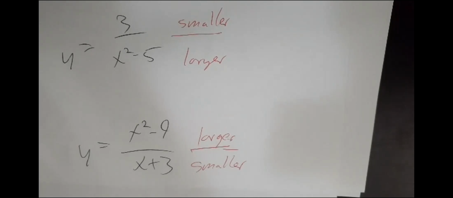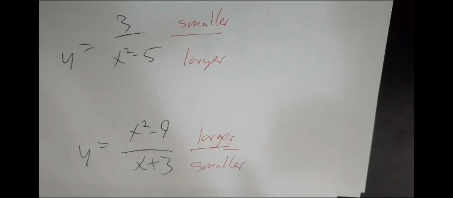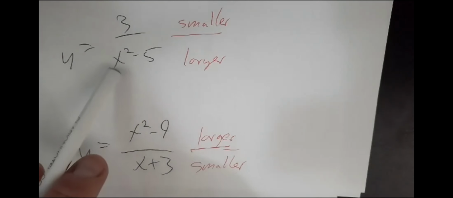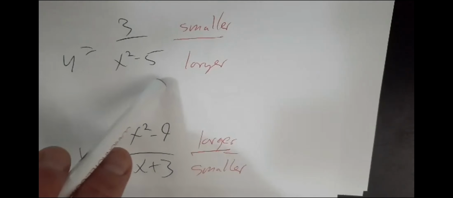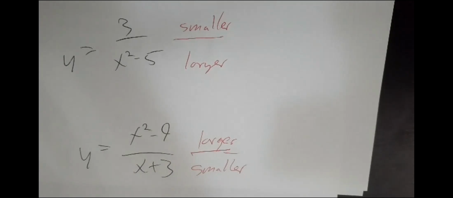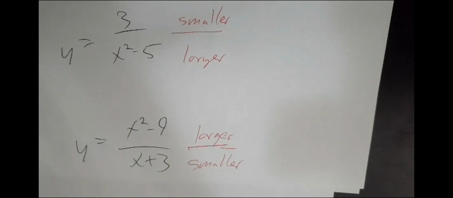So if it's larger on bottom and smaller on top, you can put numbers in if you really wanted to. You could plug 3 over x squared minus 5 into your calculator. If we put in 10, we get 95 on the bottom. If we put in 100, it's going to be 9,995 or something. It's going to get really, really large on the bottom, and the top stays 3 no matter what.